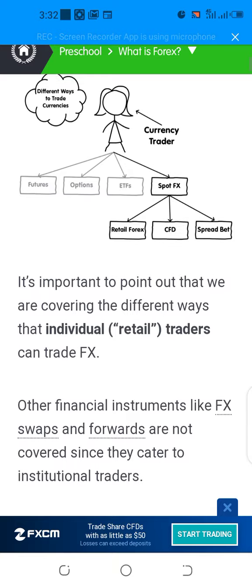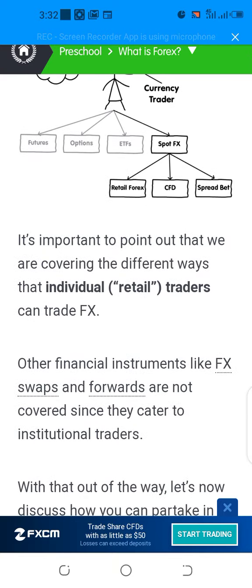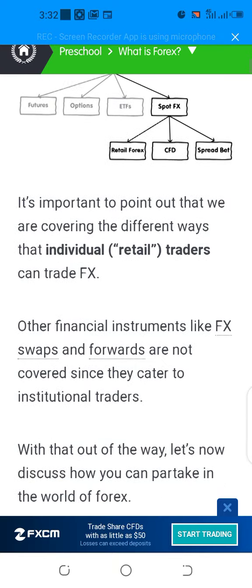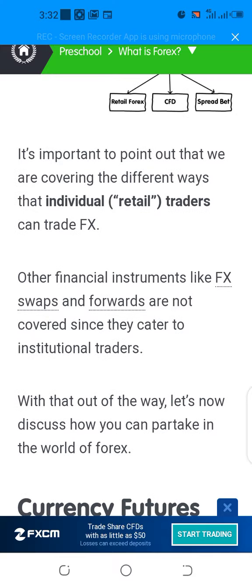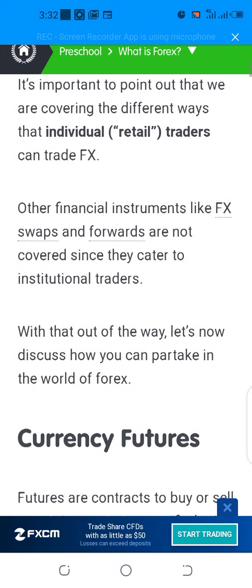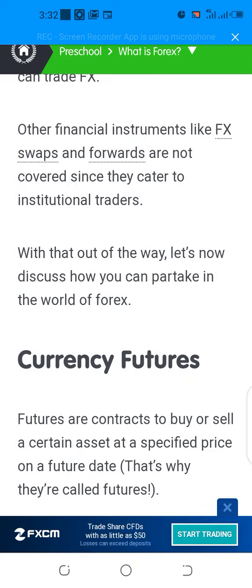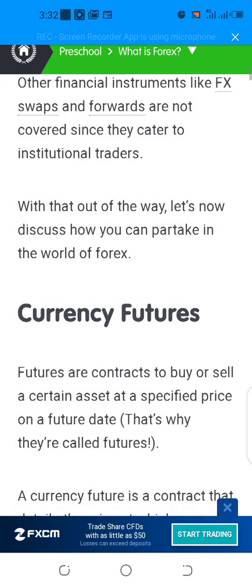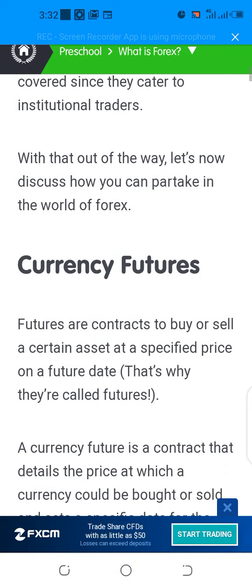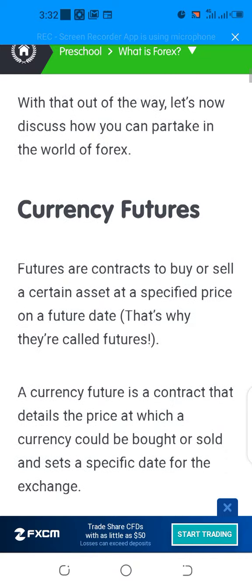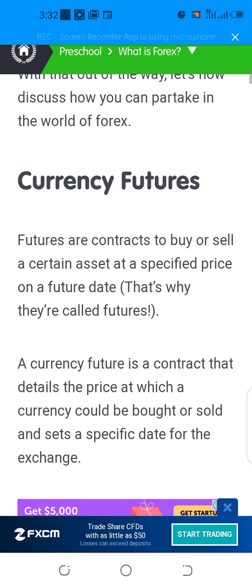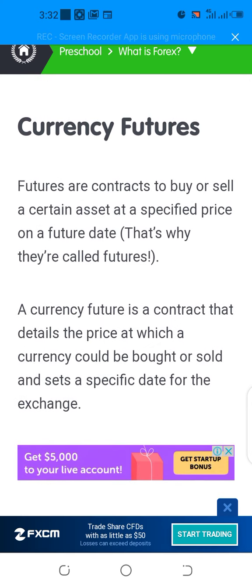So let us take a brief look at the following words. Cross currency: cross currencies are any pair without the US dollar, e.g. Euro, Great British Pounds. Margin: margin is a security deposit.